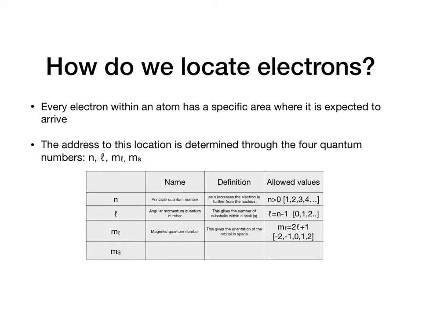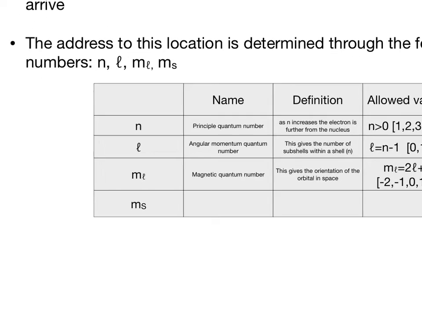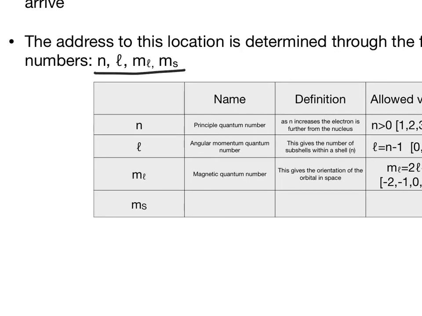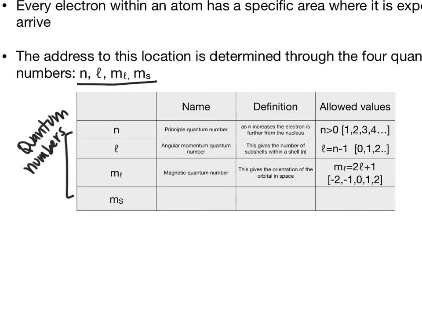If you just say Florida, it's not very specific. So these are the specific directions to get you to any address. These 4 values are quantum numbers, and they give us insight into where the electron is.